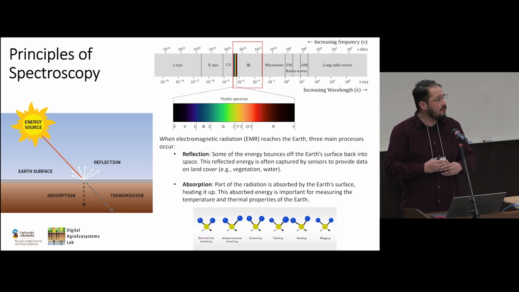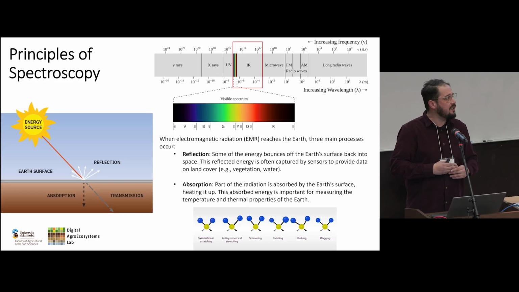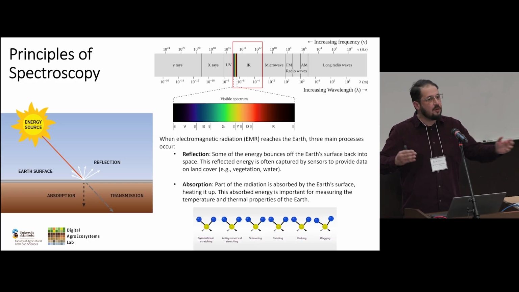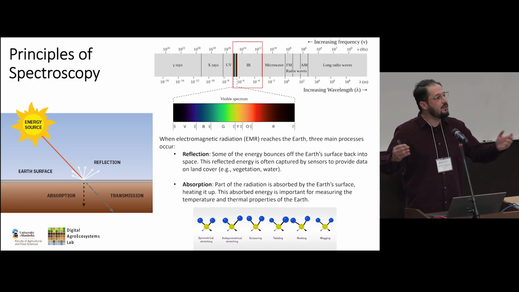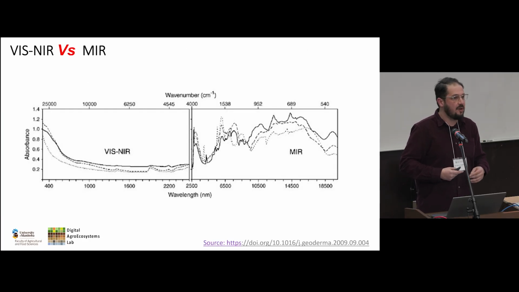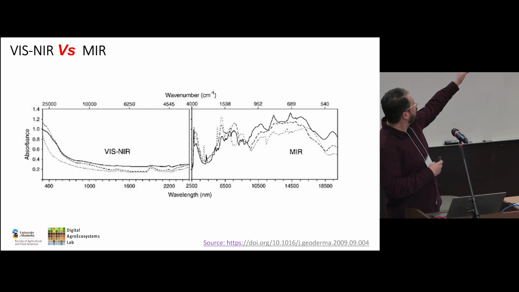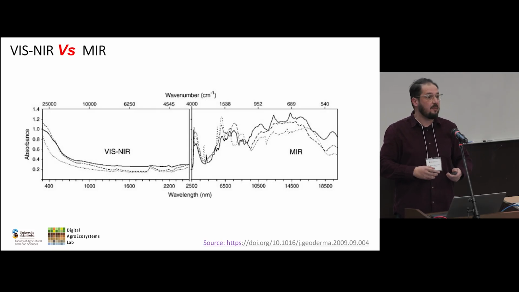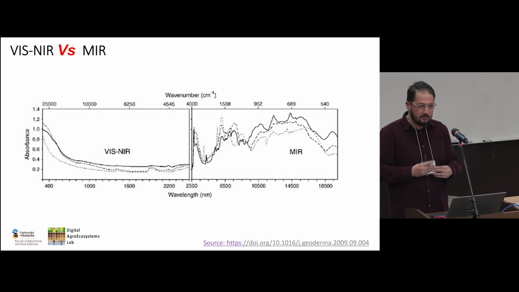The atoms of the material, when they receive electromagnetic radiation, move in a symmetry or asymmetry. This movement creates those wavelengths, and they could be caught within the mid-infrared, as you can see on the right side. Most of the peaks, or those vibrations of the atoms, will be captured between 2,500 nanometers and 25,000 nanometers.